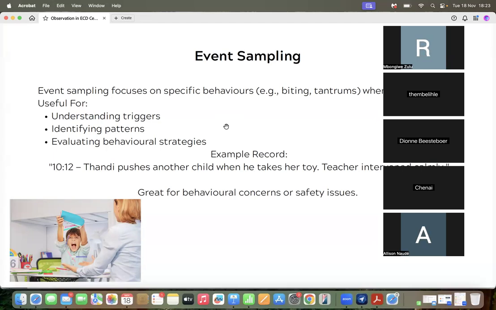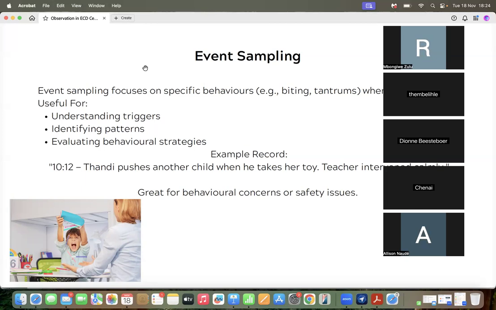So whenever they occur, it's useful to understand what the behavioral trigger is, identify the patterns, or even help you to find a strategy to help that child. So this is ideal for you to keep a record of the events that are happening in the class, especially when you don't know who's always biting or who's always throwing tantrums.